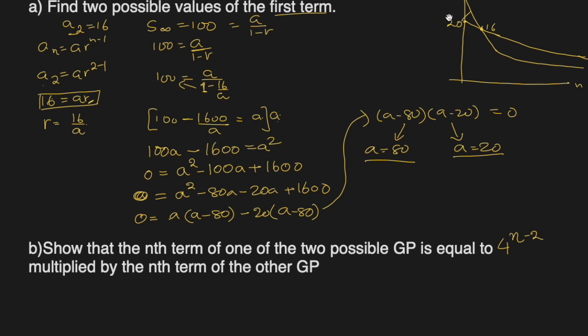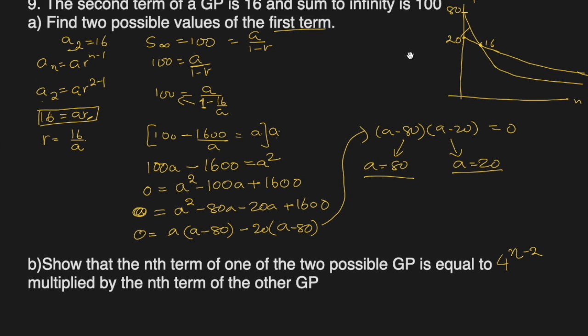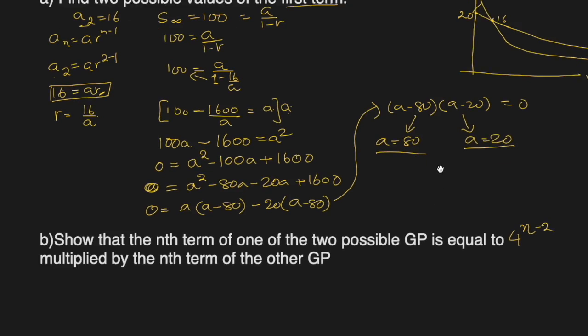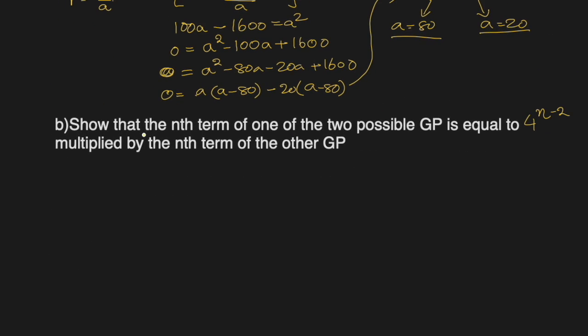So mostly the one which has initial value 20 is above the one which has 80 as first value. So we will write this GP divided by this GP, and it should be equal to this. So show that the nth term of one of the two possible GPs is this times the other one. That means the ratio of one divided by the other will be this one.